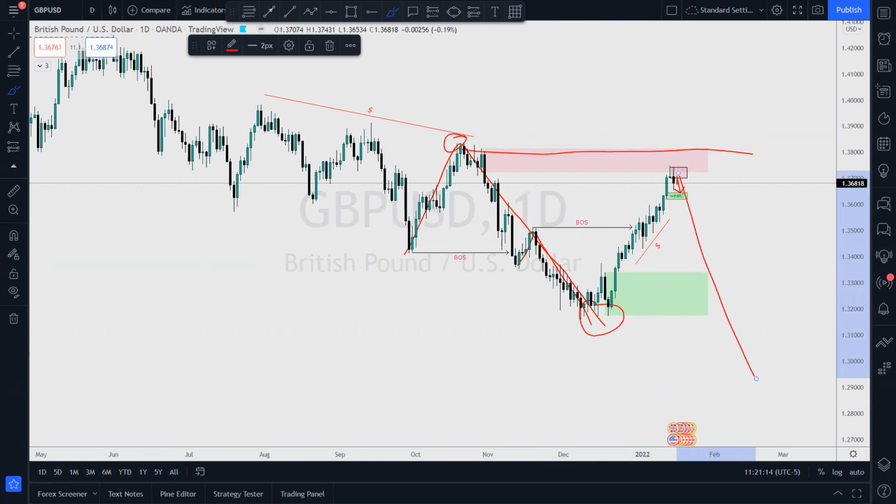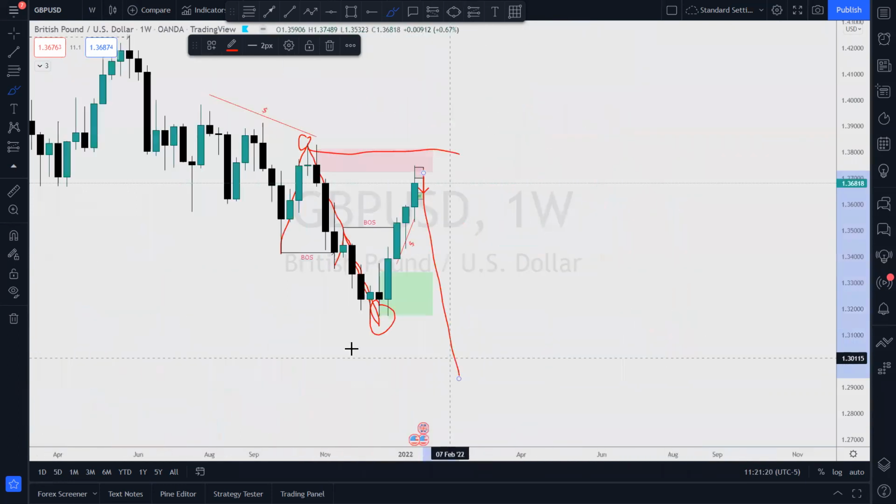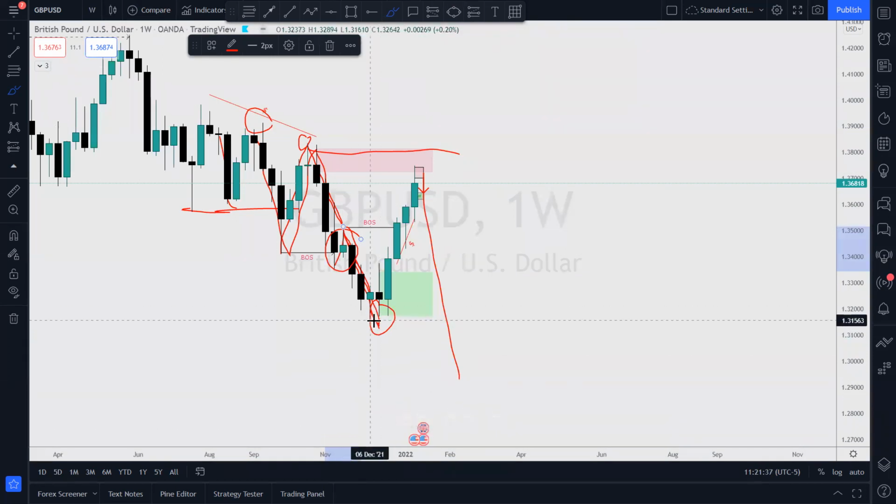That's the whole point. On a bigger time frame, if we go to the weekly, we can see this low was broken here. We made a lower high relative to this one, and then we broke that. See how this becomes a little bit minor. On the higher time frame, we can see that this low has not been broken.